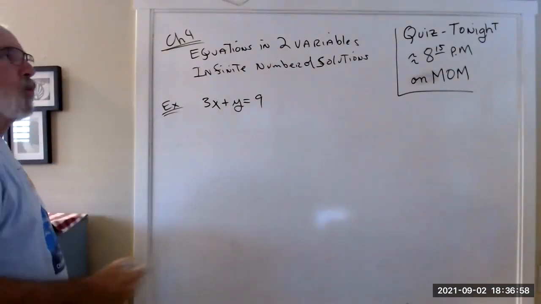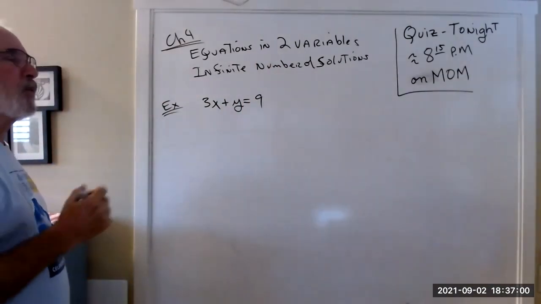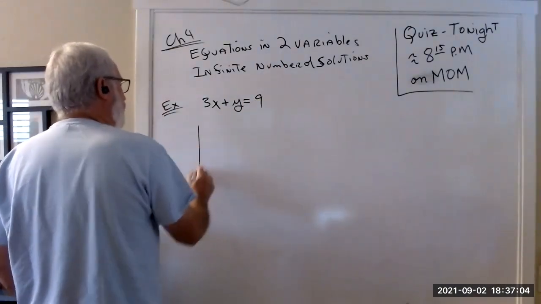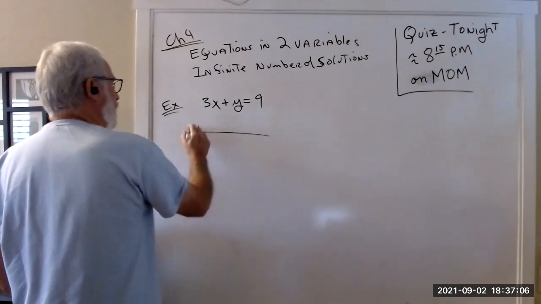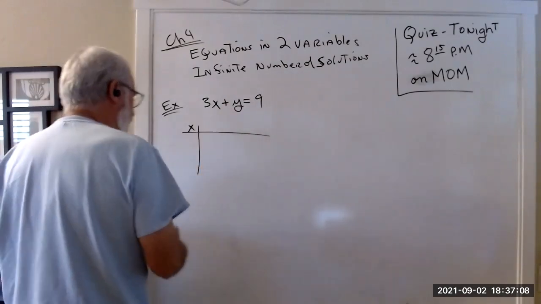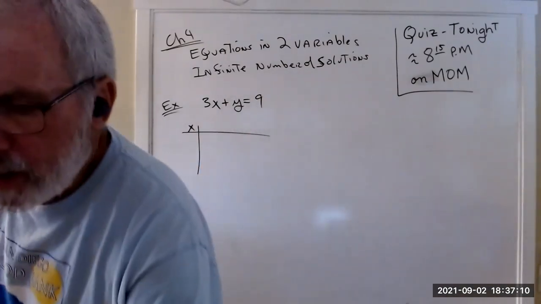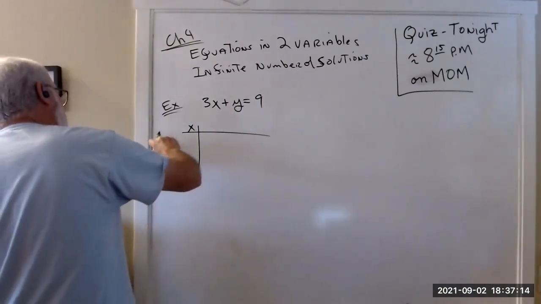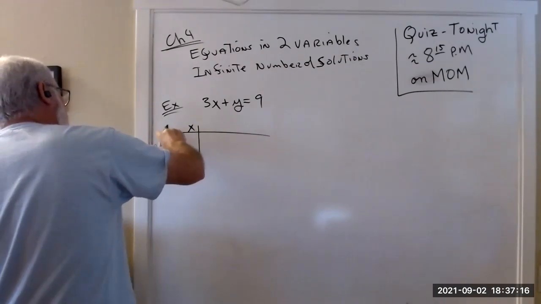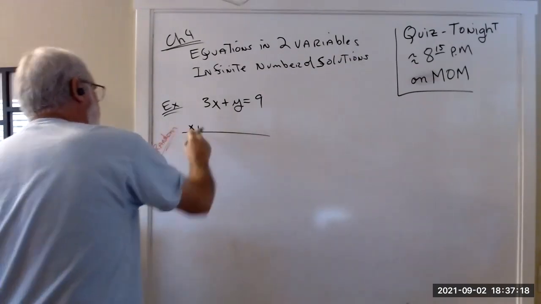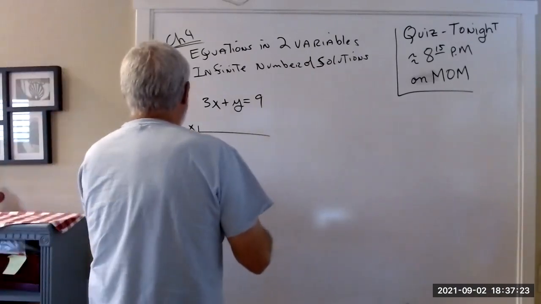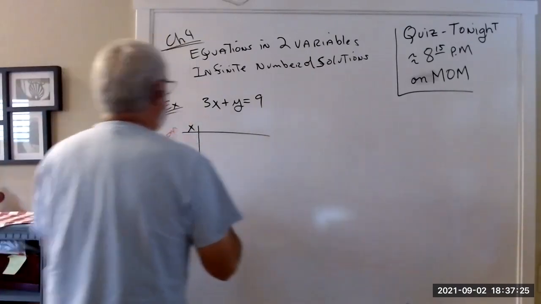One of the ways we find solutions to this is we build an XY table, a table of values. And you randomly, that's what screws everybody up, you just randomly pick a value for x. Like, I don't know, x might be 5.